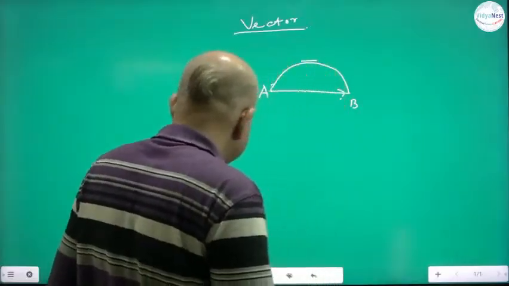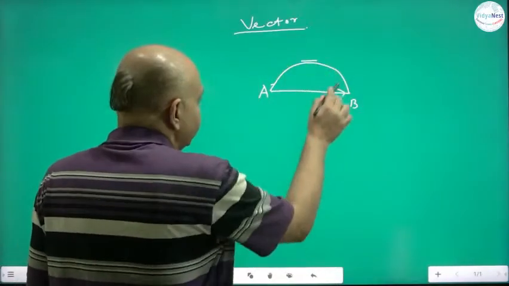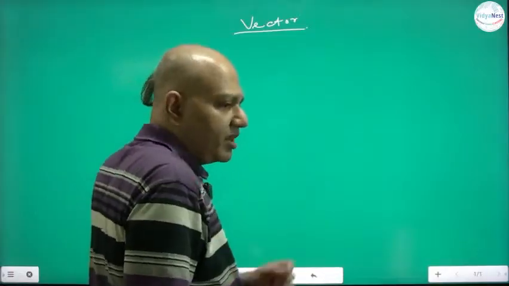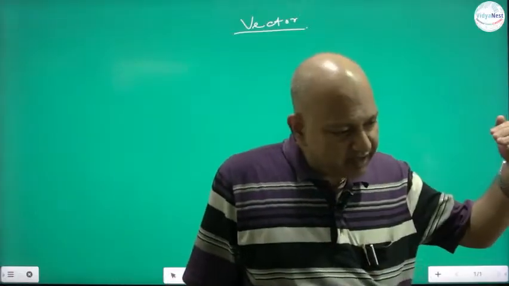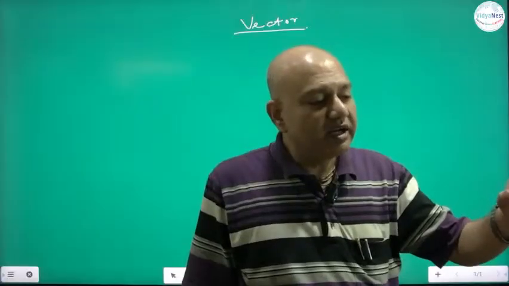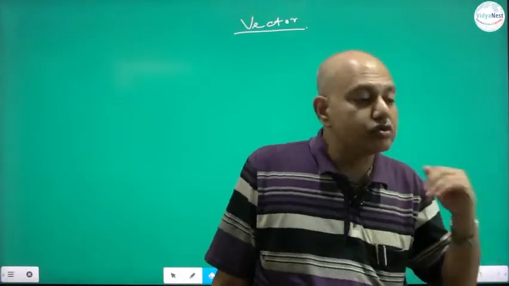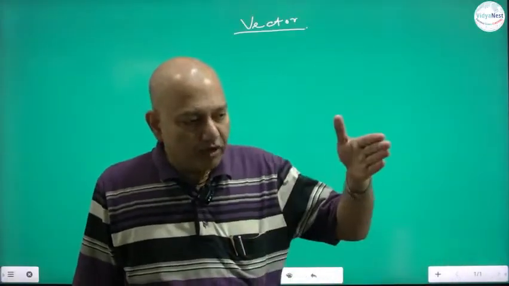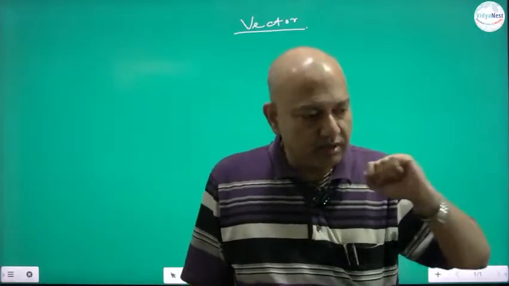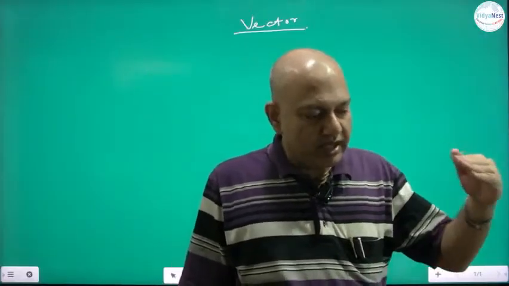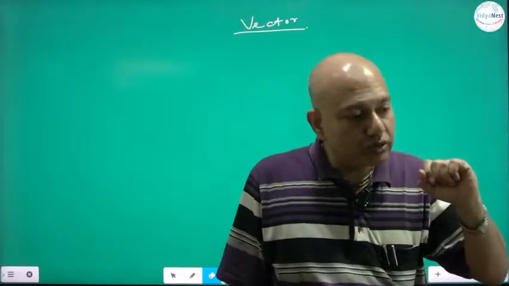Now see, just like displacement has a direction as well as magnitude, similarly force is also a vector. I can apply force at a certain point. Force has a direction as well as magnitude.